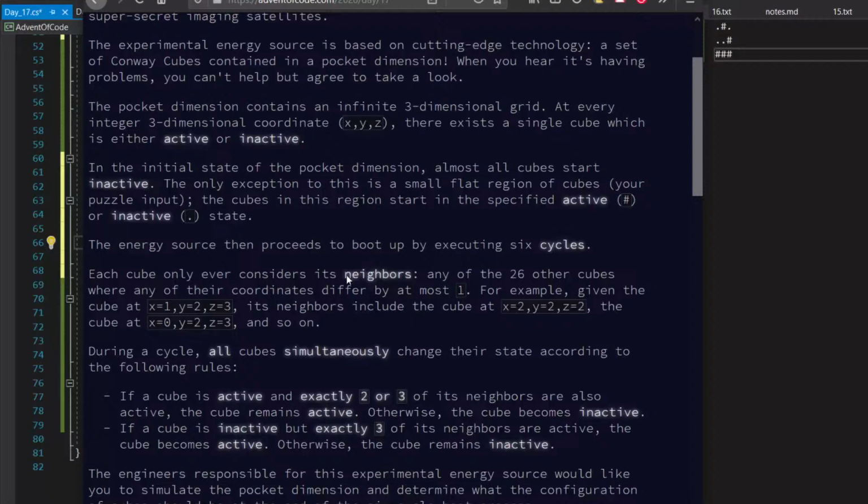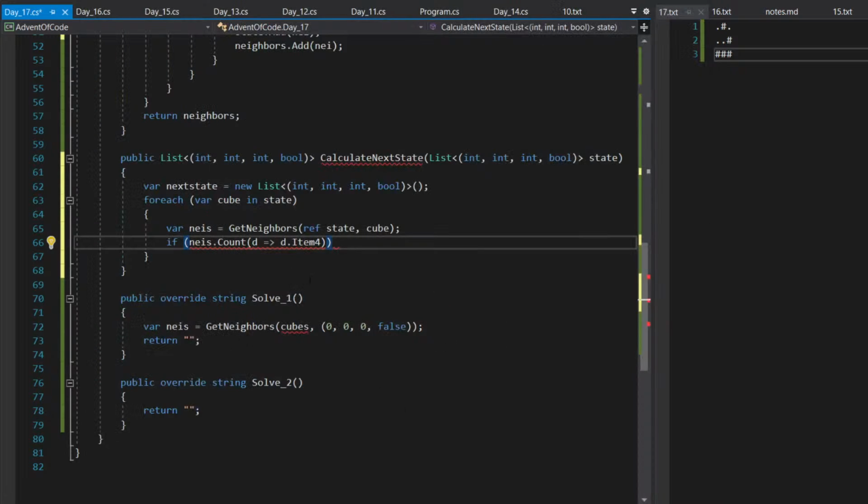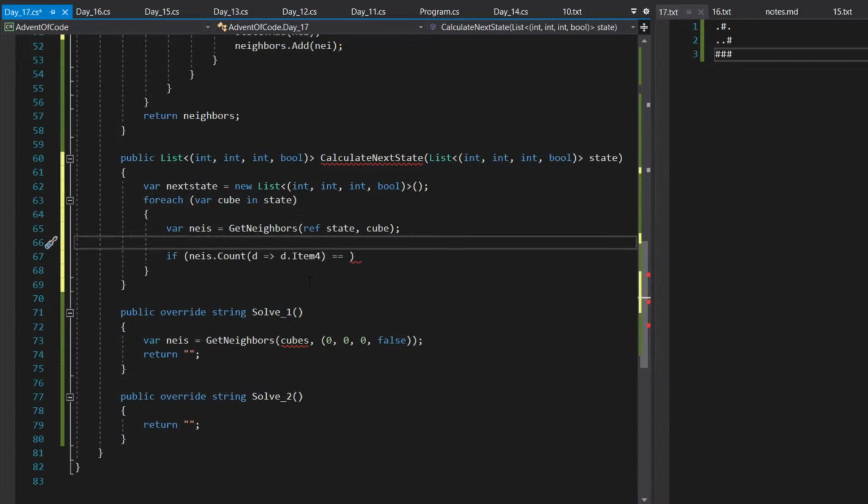And if cube is active and exactly 2 or 3 of its neighbors are also active. So if count equals active neighbor count equals this.